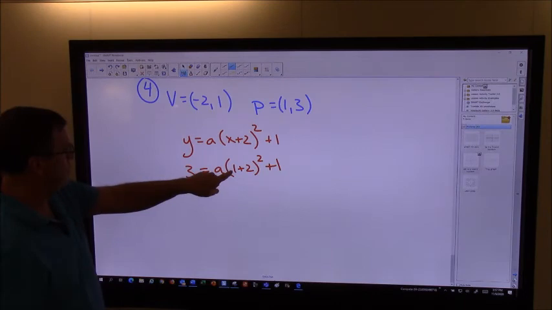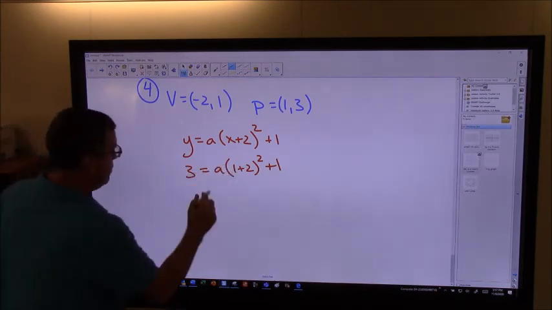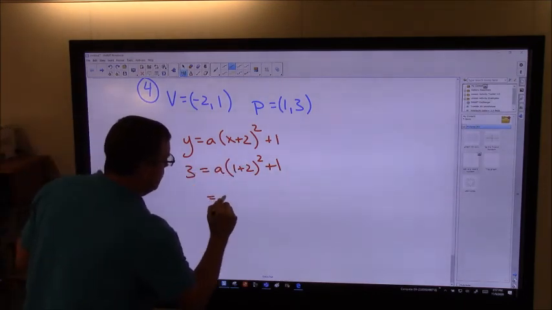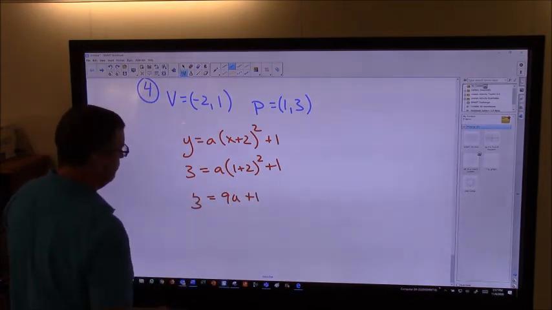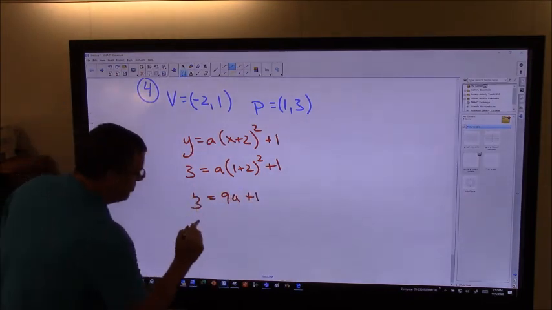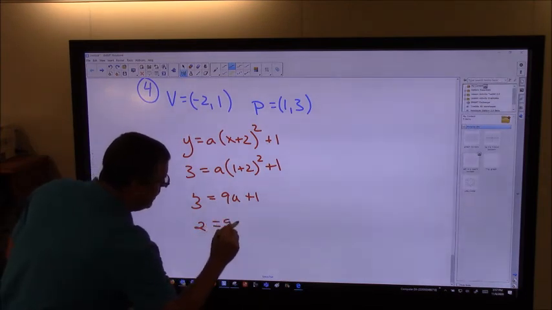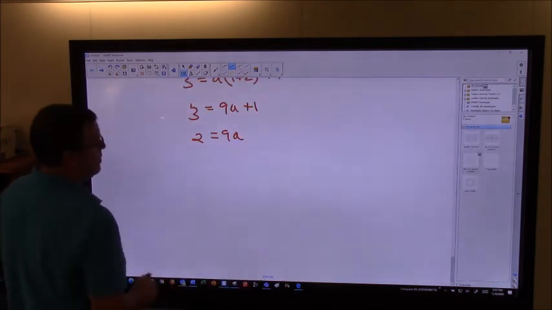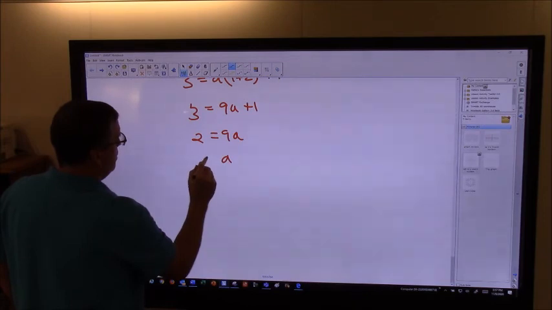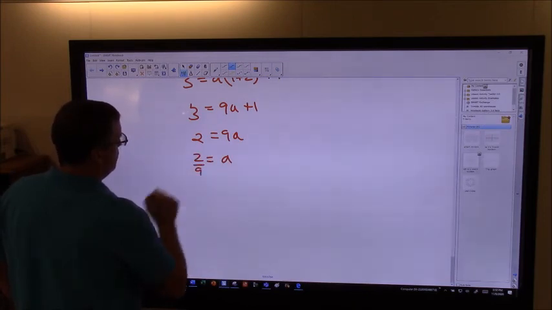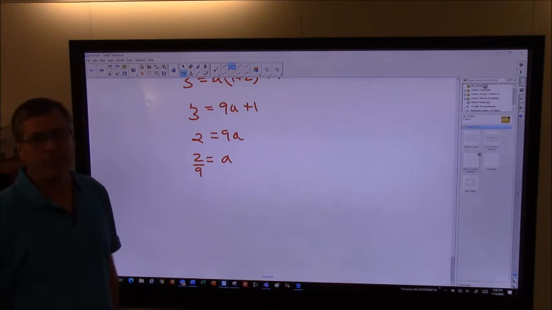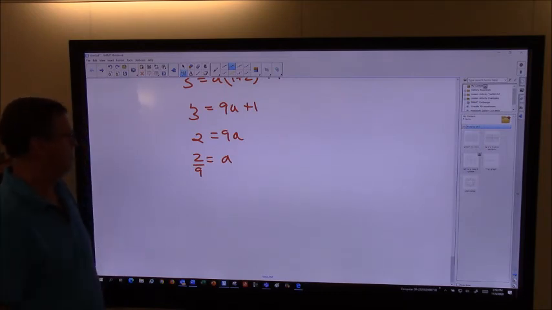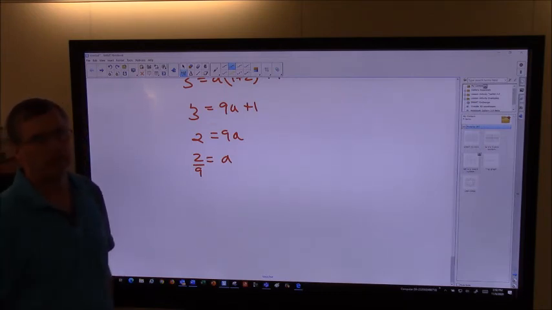So let's see, 3 squared, that's 9. So I'm going to get 9a plus 1 equals 3. Bring that 1 over and subtract it. I get 2 equals 9a. And so divide by 9, I get a equals 2/9. Aha! This parabola is 2/9 of what it normally is.